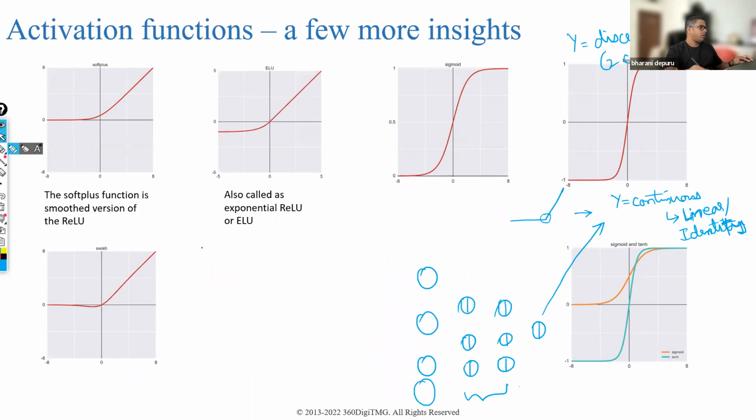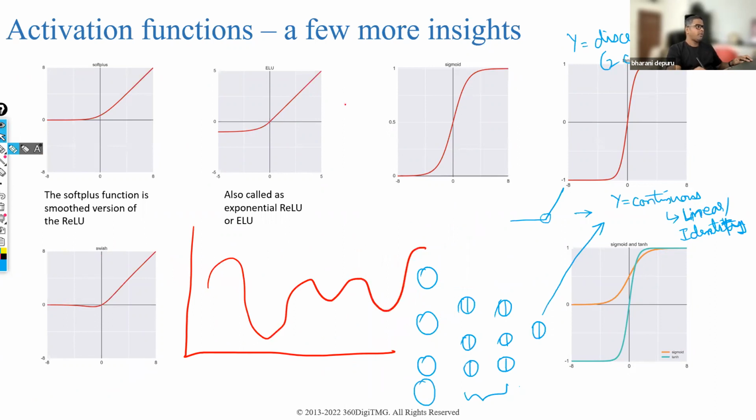If you have a curve like that, remember one thing, that derivative of a constant, any number, say 1, 2, 3, whatever, is 0. Derivative of any number, say 0.8, is 0.